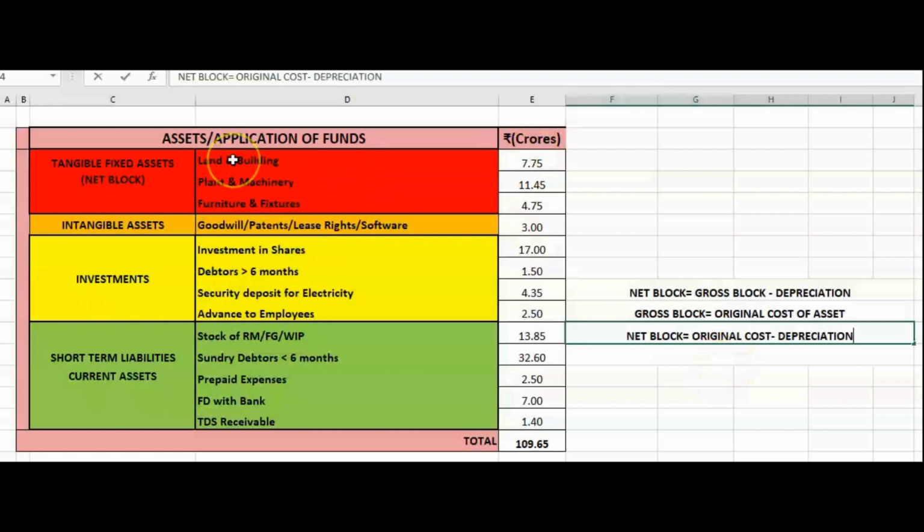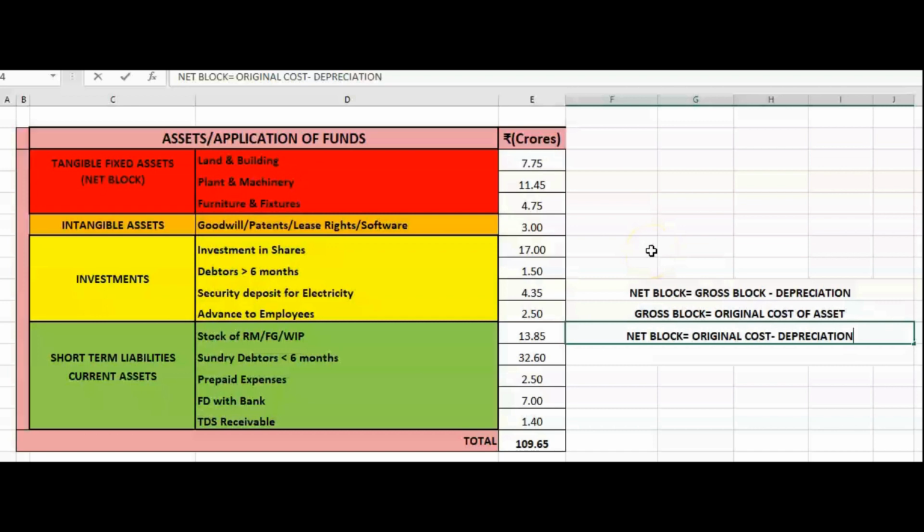Now again, all the fixed assets, the land and building, plant and machinery, furniture and fixtures, are all shown at depreciated value. But why? What is depreciation? The answer is the assets lose their value and income generating efficiency in due course. They become outdated and wear out due to continuous use and need to be replaced after their working life.